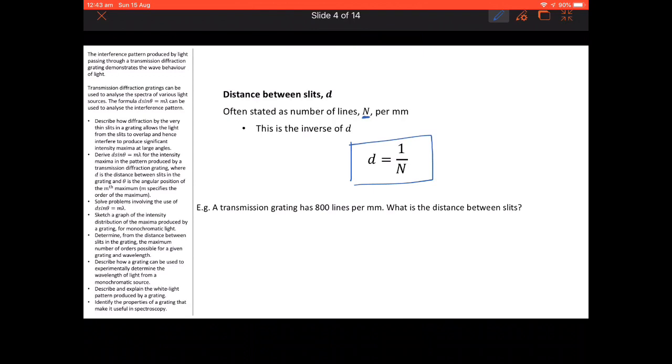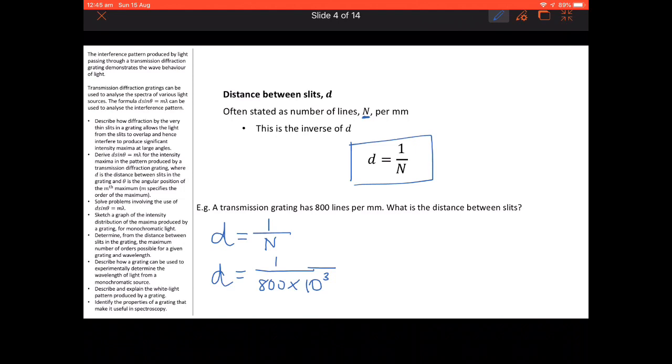So for example, a transmission grating has 800 lines per millimetre. What is the distance between each slit? To do this, we use our formula, d equals 1 on N, so d equals 1 divided by 800 by 10 to the 3, and the reason we're dividing by 10 to the 3 is because we're now doing per metre, because when we use d in our other formulas it needs to be in metres.